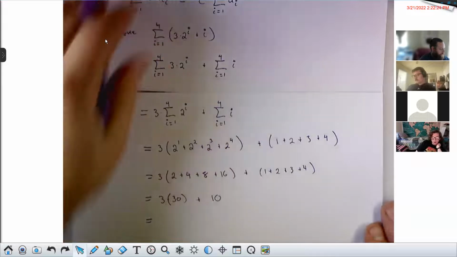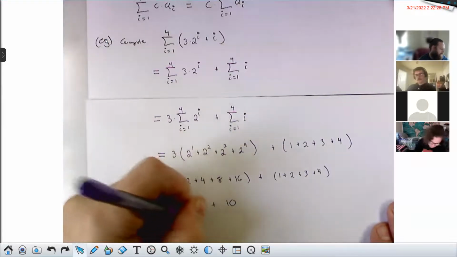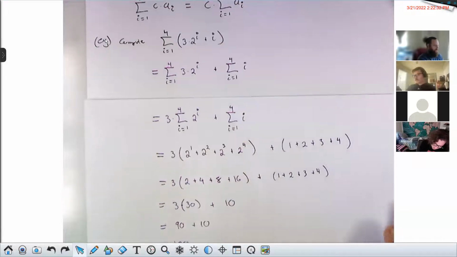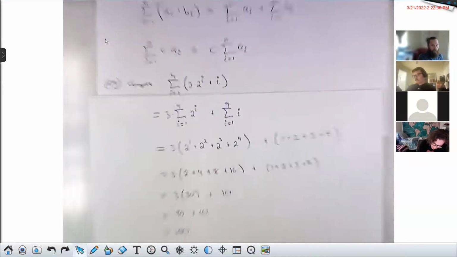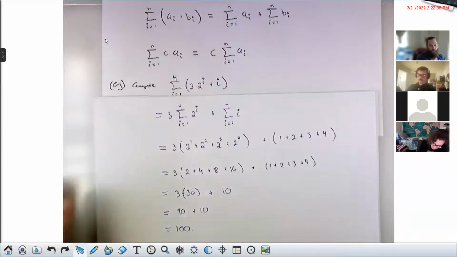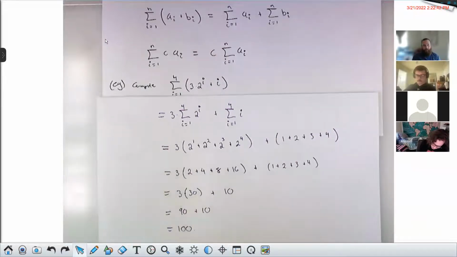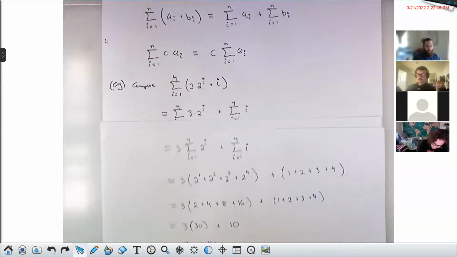Nice coincidence. We get 90 plus 10, 100. So that's sort of how you use that rule to make your life easier when working with the sigma operator. The in-between step that I'm covering there is this.